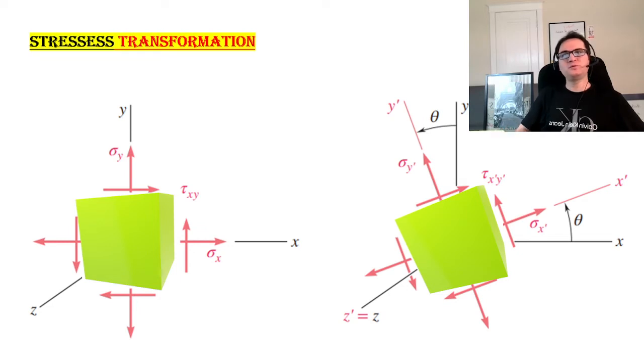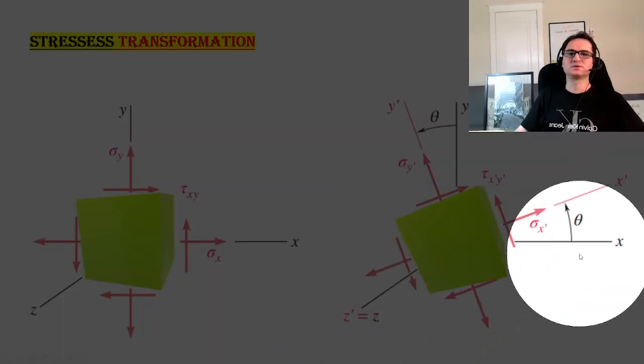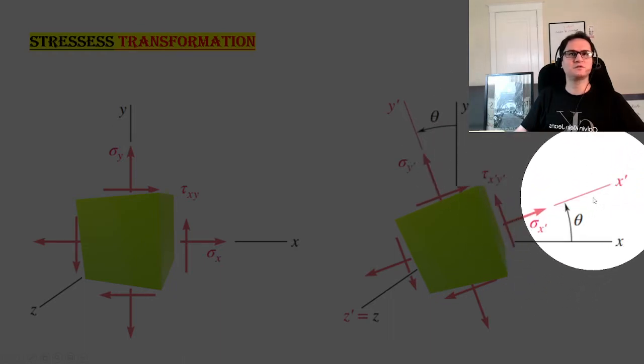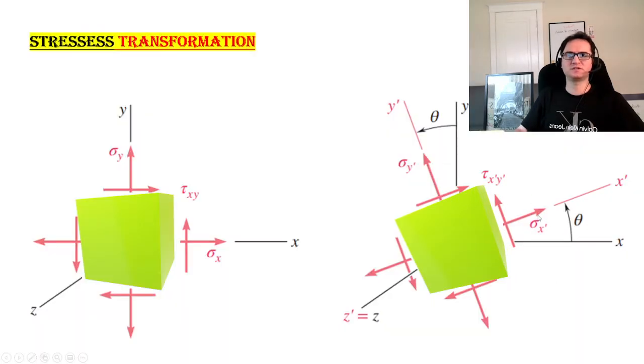Now we want to know what will happen if we travel from our old house of xy to our brand new house of x prime and y prime by an angle of rotation theta.